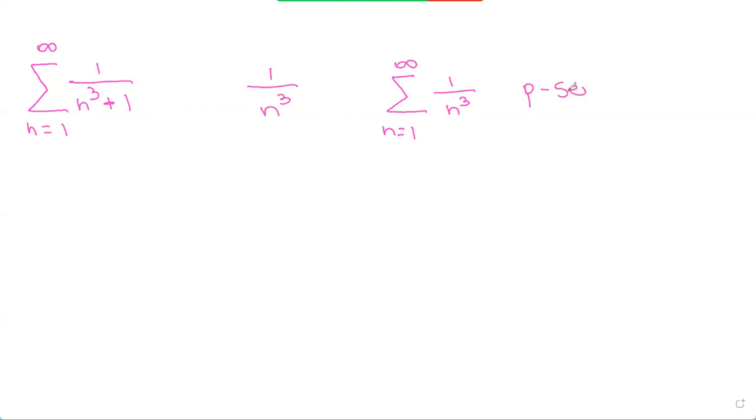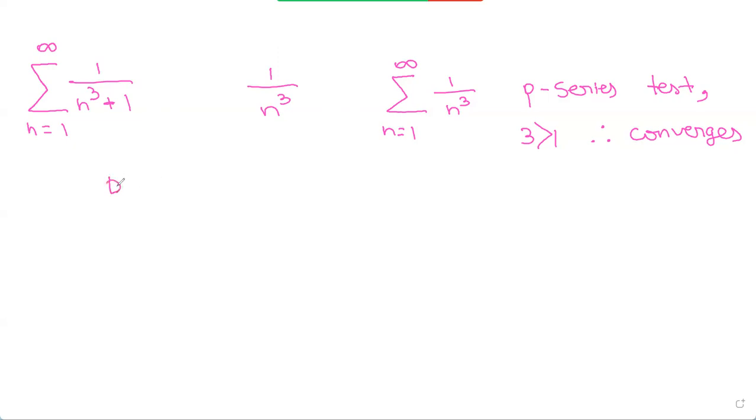Through the p-series test, 3 is greater than 1. So 1 over n cubed converges by the p-series test. Now we have to find out which one is b_n and which one is a_n.